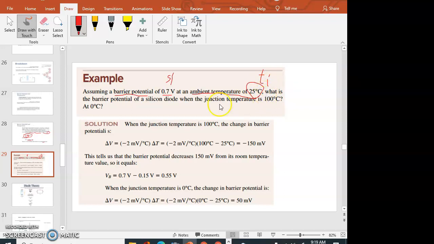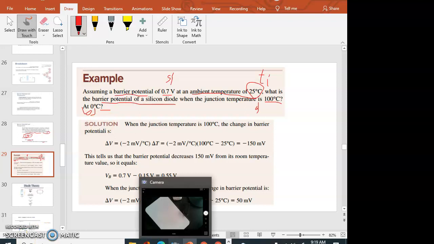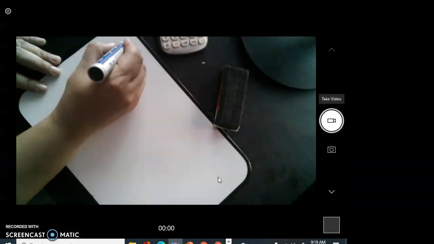Okay? So, the ambient temperature, so this is now your initial temperature or T sub I, is simply 25 degrees Celsius. So, it says here we are asked to solve for the barrier potential of the diode when, letter A, the temperature increases to 100 degrees Celsius. And, letter B, when the temperature decreases, or it becomes 0 degrees. So, let's now proceed. What are the given?